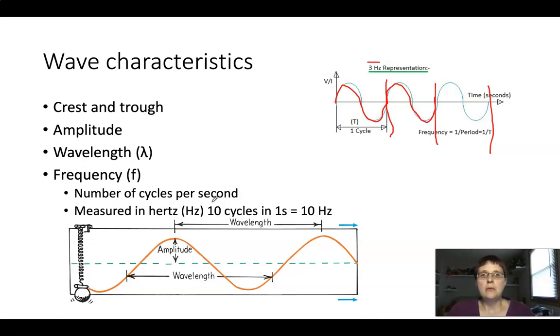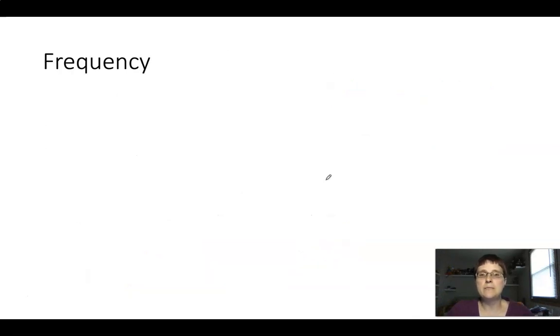We talked in the electricity chapter that our electricity, our AC, is in 60 hertz. That means that the electricity alternates 60 times a second. So it's related in a way to our waves here.